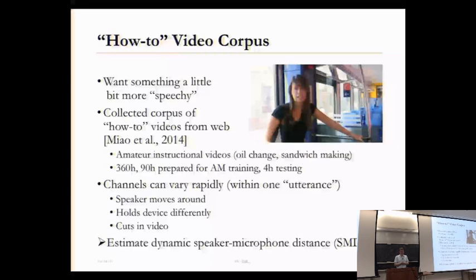So we collected a corpus of how-to videos, 400 hours of data that we scraped from the internet, people recording themselves, doing things and explaining to other people how they do things and the advantages.